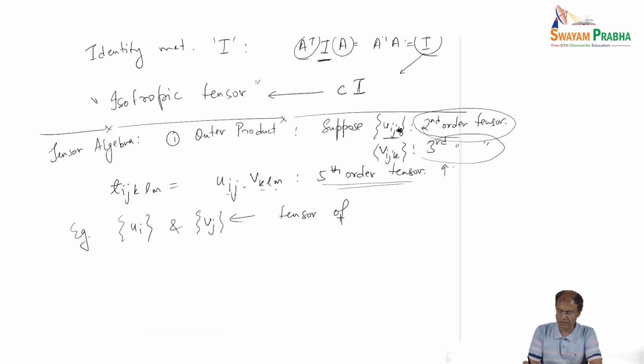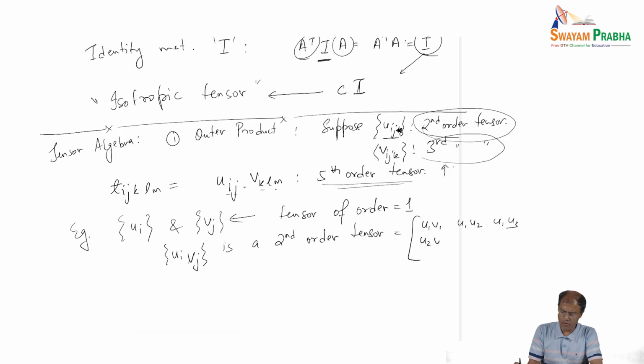Then ui vj is a second order tensor, and it is equal to u1 v1, u1 v2, u1 v3, and then similarly u2 v1, u2 v2, and so on. All possible multiplications are clubbed in this ui vj, and we will have 9 components, u3 v1, and so on.